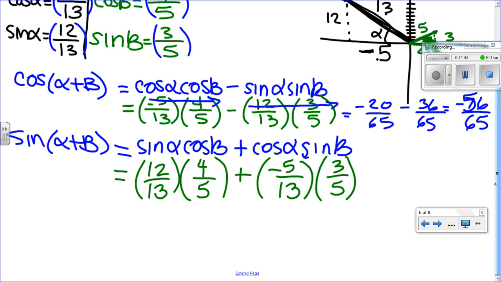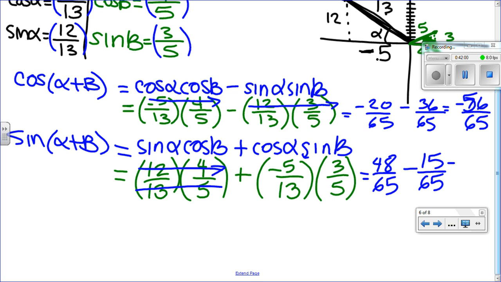And the last one, we will have 48 over 65 for multiplying straight across. Then minus 15 over 65. And 48 minus 15, that's 33 over 65.